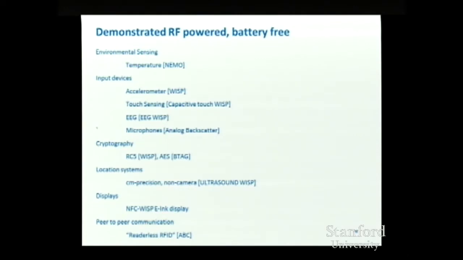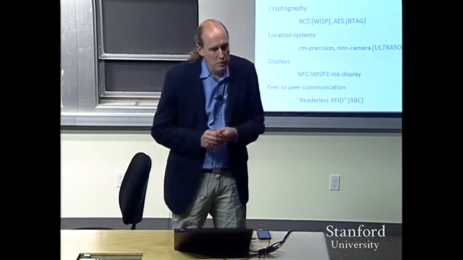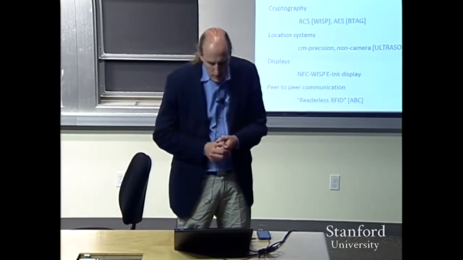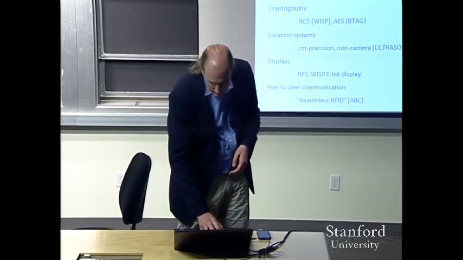I showed you a couple of cryptography examples, one location system, the ultrasound WISP, and one display, although that was HF, so it's a little bit different. And then just now with the ABC system, I showed you peer-to-peer communication, which you could think of as kind of readerless RFID. In aggregate, we have many of the pieces of ubiquitous or even mobile computing systems that are now starting to be possible to be RF powered with no batteries. So I think it's going to be exciting to start putting these capabilities together into complete working systems.